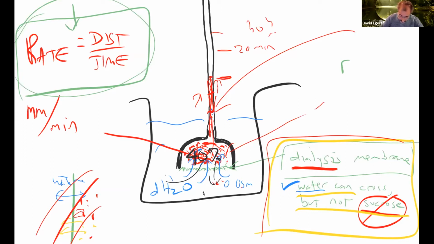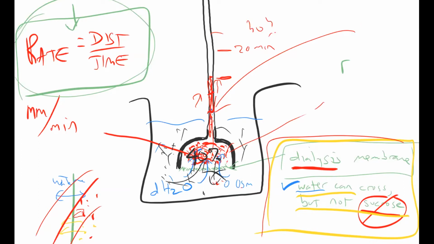The sucrose is just going to leave until it's equilibrated inside and outside, and there's no osmotic gradient. Ultimately it's going to diffuse out until it's the same inside and outside, so then there's no osmotic pressure at all.